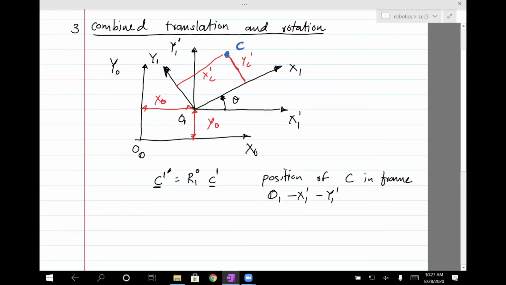But then we also know how to find the position of point C1 prime with respect to 0. So that's going to be C0 equals O10 plus C1.